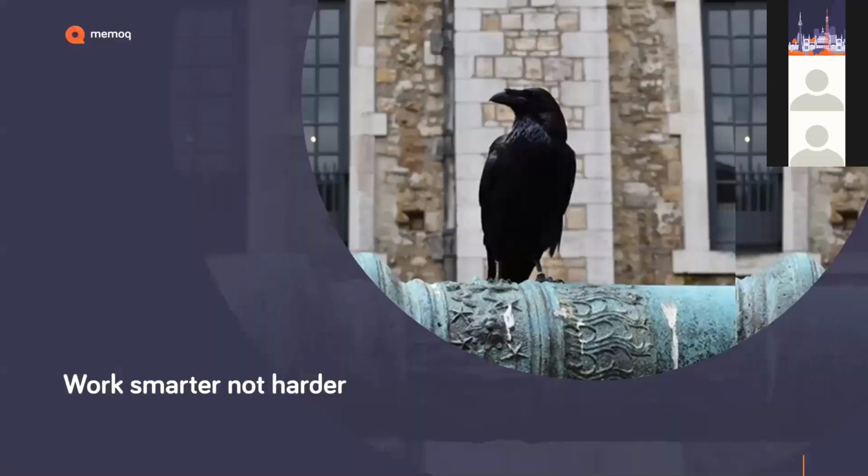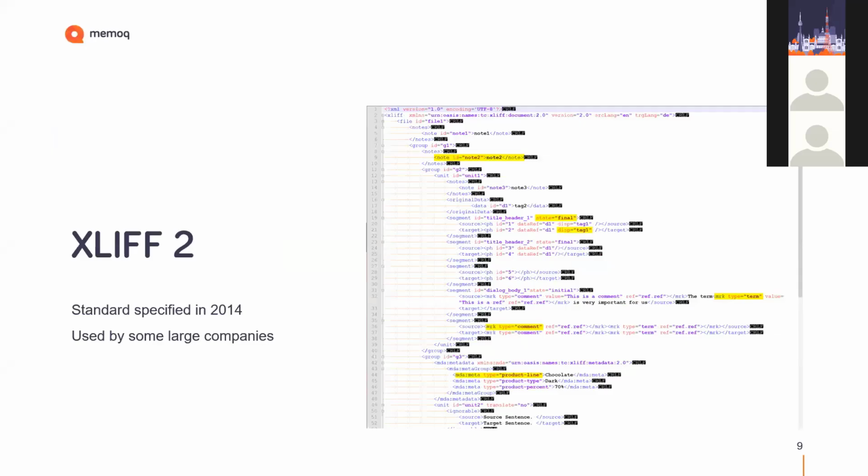As for how to make our lives easier, first is a very, very geeky filter, XLIFF 2. The XLIFF 2 standard has been live for almost 7 years now. The CAT tools and TMS tools didn't really switch to this new standard.